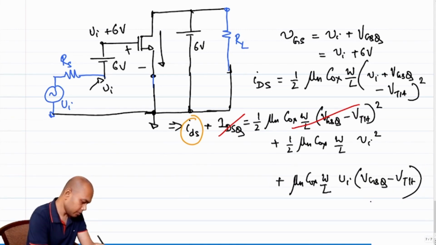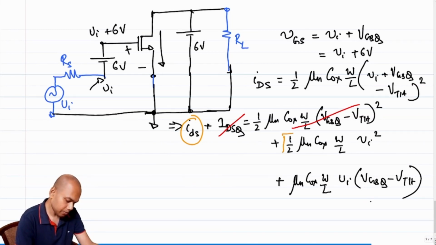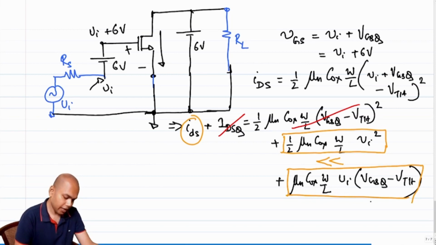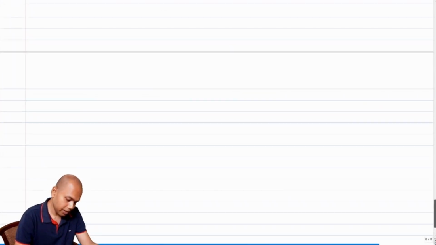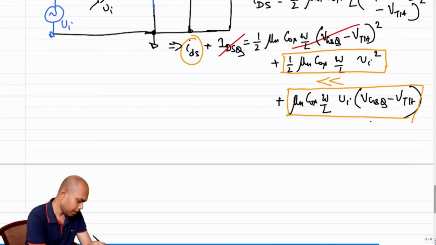If we assume that this term is much less than this term, I can ignore the higher order terms in a Taylor series expansion, right? This is nothing but a Taylor series expansion. If we can ignore the higher order terms, what do we end up with?